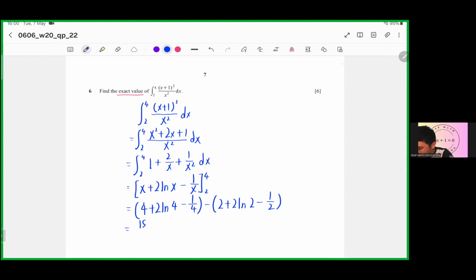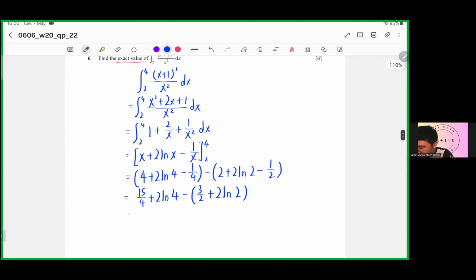Okay, 15 over 4 plus 2 ln 4 minus 3 over 2 plus 2 ln 2. 15 over 4 minus 3 over 2 plus 2 ln 2.